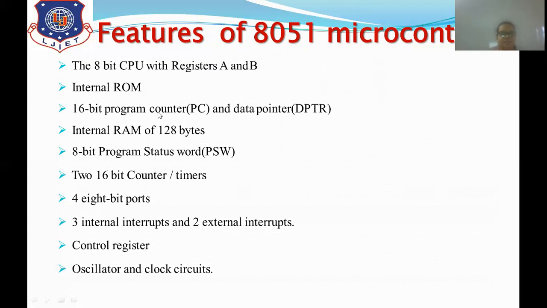It has a 16-bit program counter and data pointer, that is DPTR, where the address points to the data. Then internal RAM of 128 bytes. Then the 8-bit program status word, that is PSW, which is nothing but our flag register, which we discussed in our 8085, right? Then it has two 16-bit counters and timers, right?